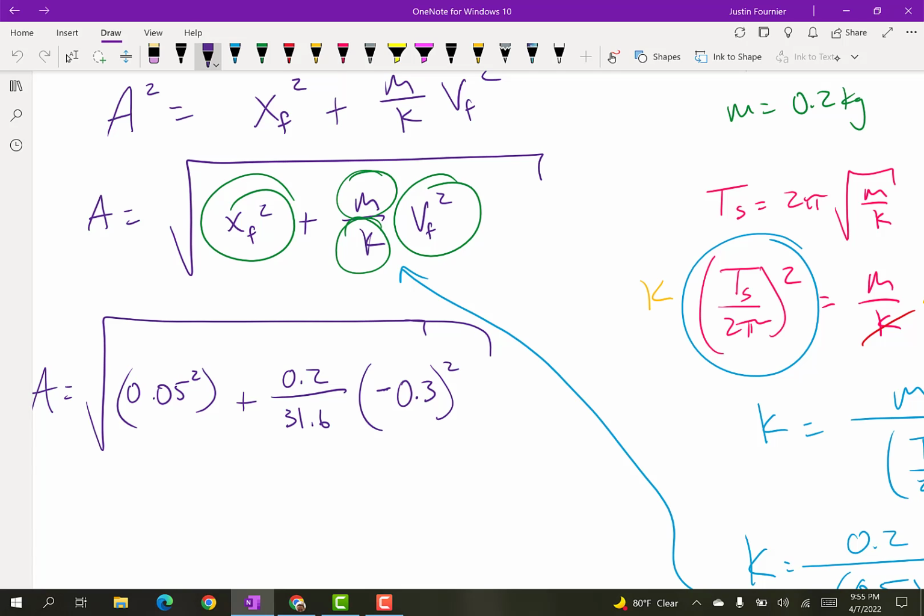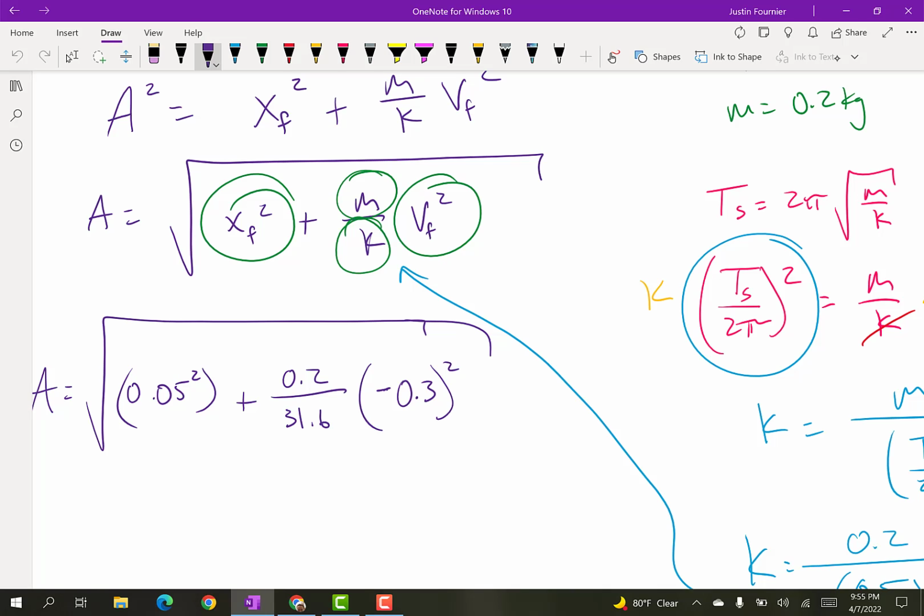So I get 0.3 squared times 0.2 divided by 31.6. Okay, I'm getting about 0.000566962 plus 0.05 squared.